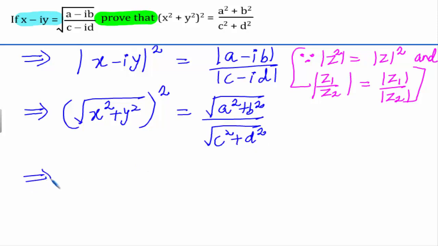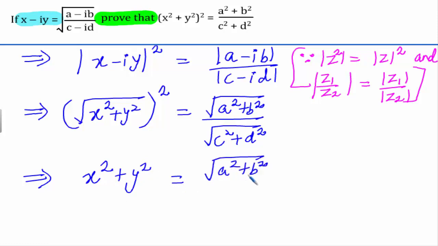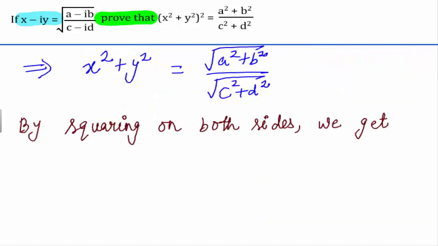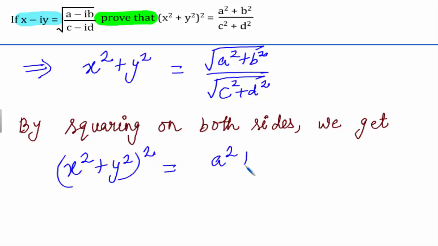So this further implies x square plus y square is equal to root over (a square plus b square) divided by root over (c square plus d square). By squaring on both sides, we get (x square plus y square) the whole square is equal to (a square plus b square) divided by (c square plus d square).